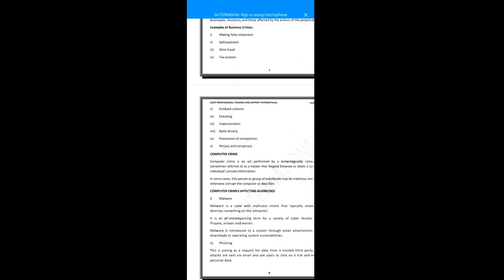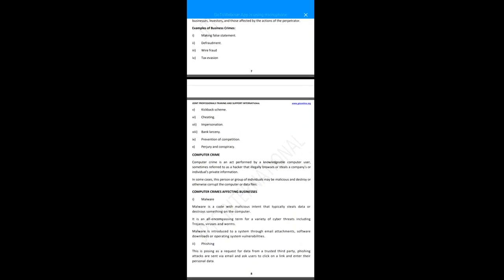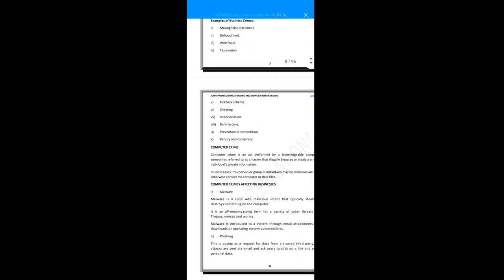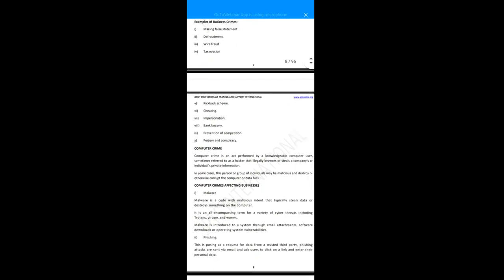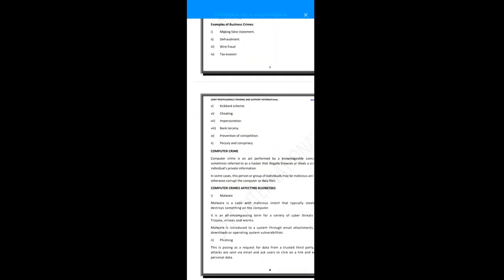Computer crime is an act performed by a knowledgeable computer user, sometimes referred to as a hacker, that illegally browses or steals a company's or individual's private information. In some cases, this person or group of individuals may be malicious and destroy or otherwise corrupt the computer or data file. Now, computer crimes can be committed in different ways.